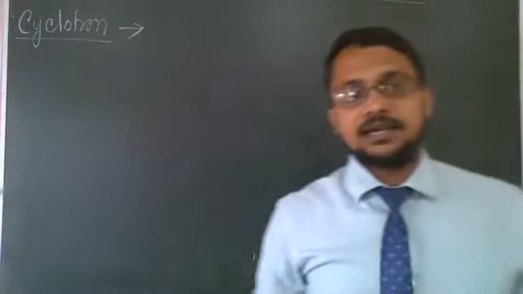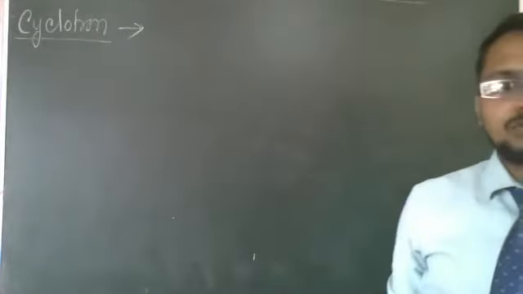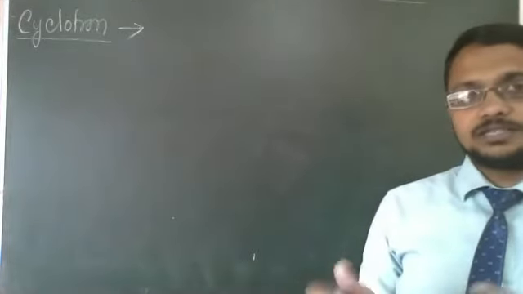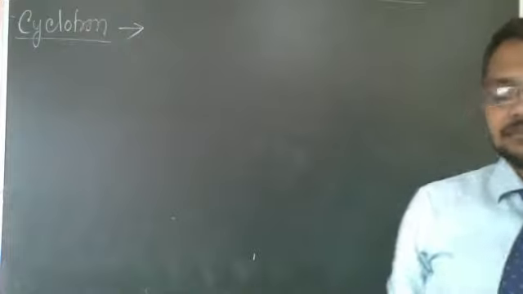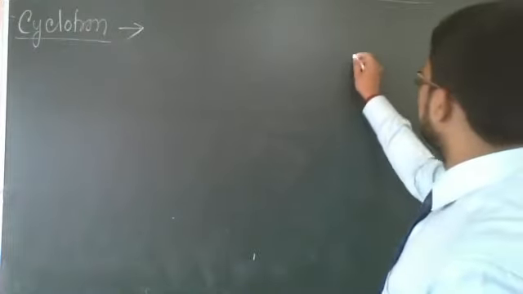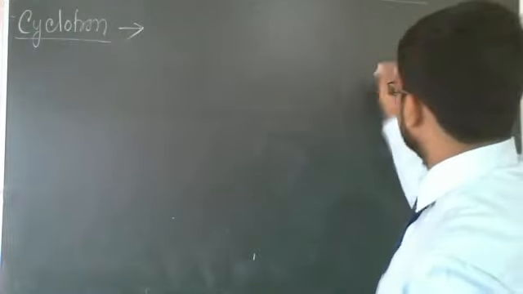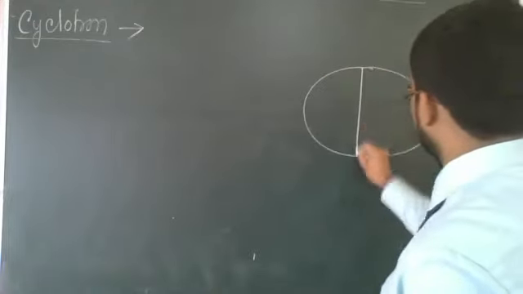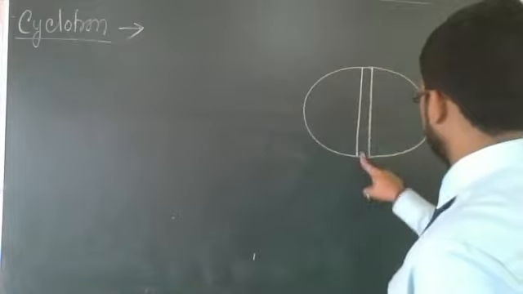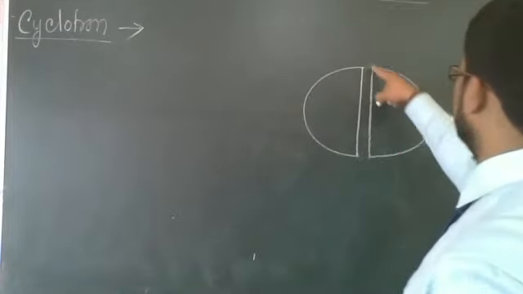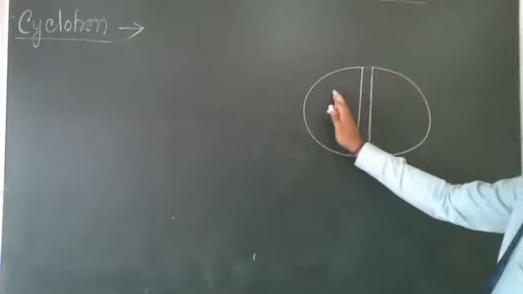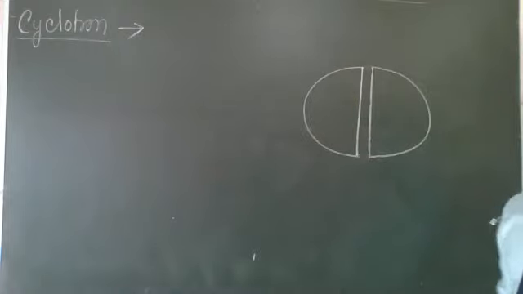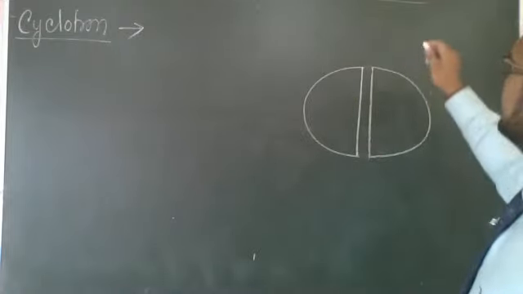In that device you will get two D-shaped parts, empty, which means not solid, parallel. Suppose it is a circle divided into two parts. So this is two D-shaped, and it is empty inside.